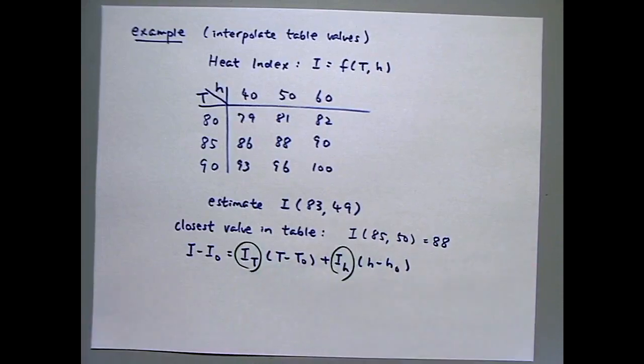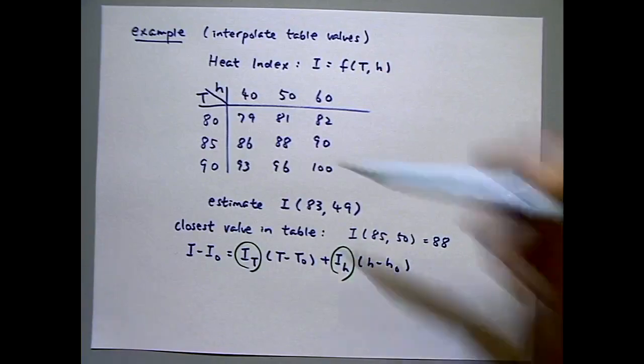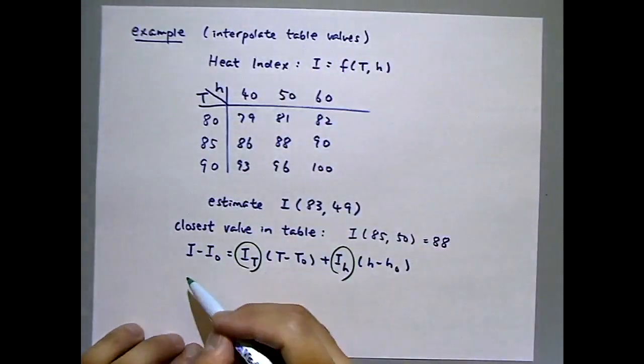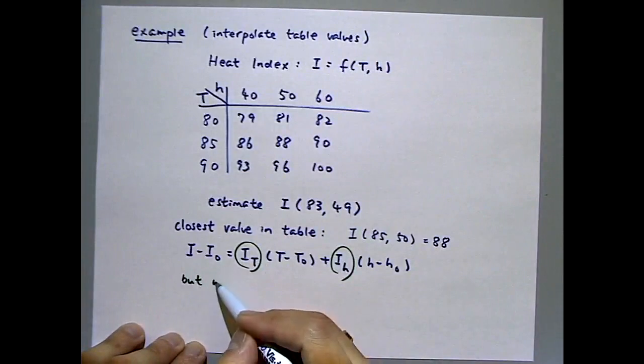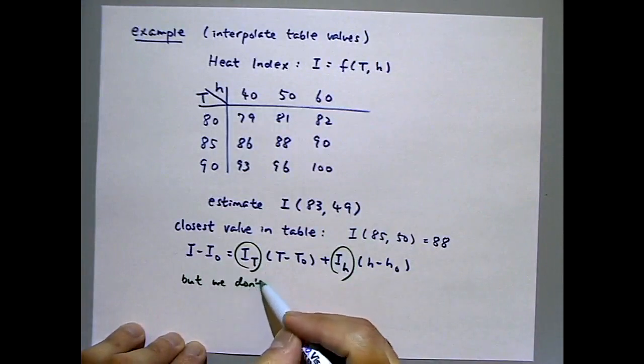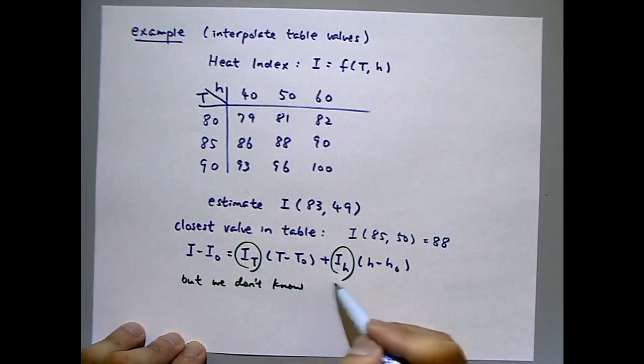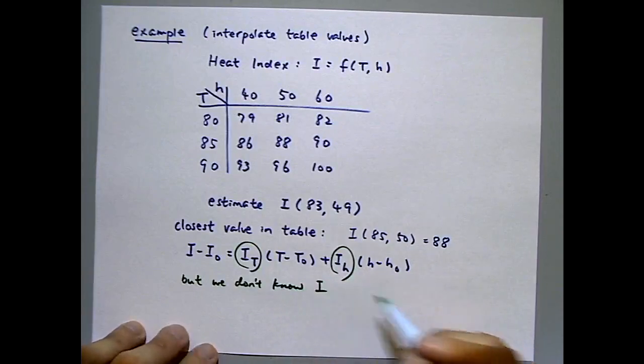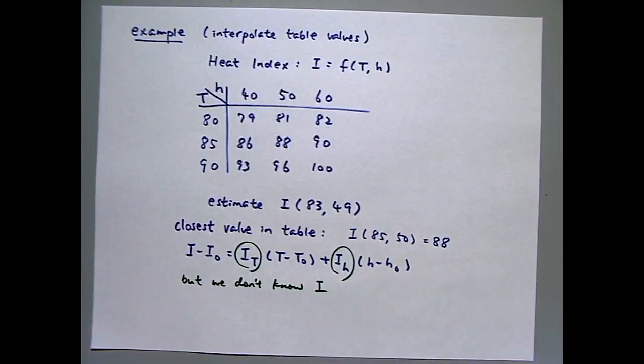And these two, again, are the key values that we have to find. Without knowing what I looks like, we can't take the derivative. We only have these values here. So what do you think we can do to estimate these two partial derivatives?